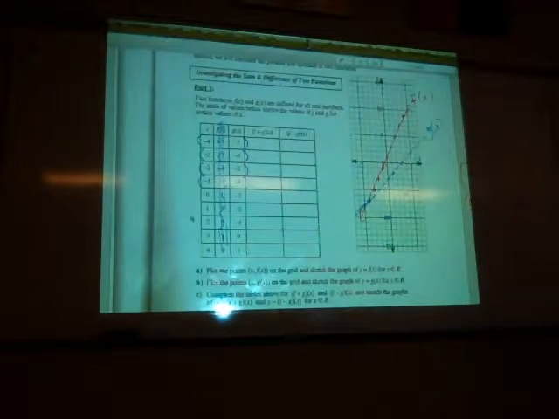How you doing? So basically the first one we plotted came from these. Anyone else need a little help with how we're getting this one?